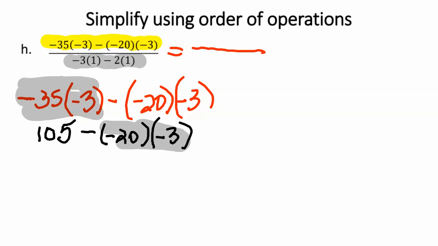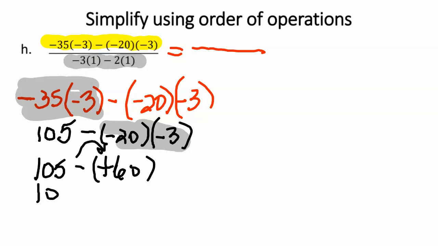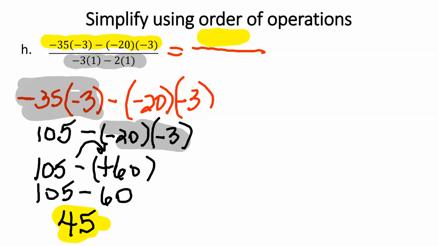Well, this is going to give me 105 minus -20 times -3 gives me a positive 60. Well, negative, take the opposite of. So this is 105 minus 60, which gives me 45. 45 is the number that's going up here. That is a positive 45.